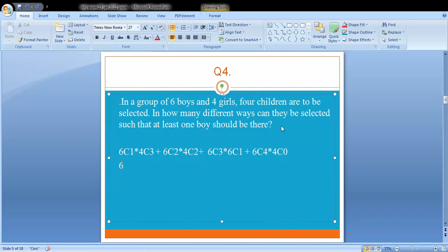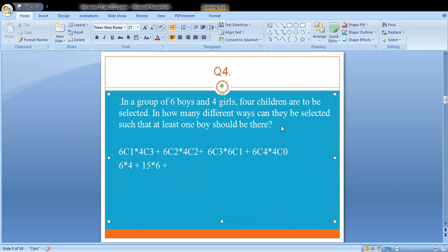So 6C1 is 6 into 4C3, which equals 4C1. 4C1 means 4, plus 6C2. 6C2 is nothing but 6 into 5 by 1 into 2, that is 15. 4C2 means 4 into 3, 12 by 2 into 1, 12 by 2, that is 6.